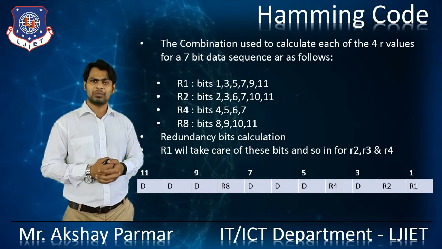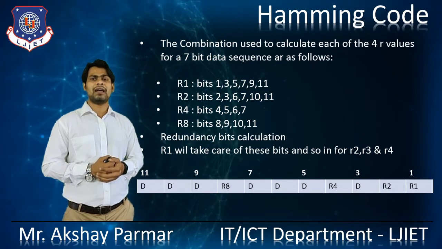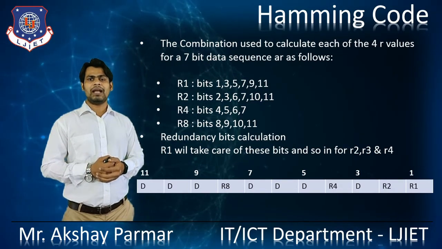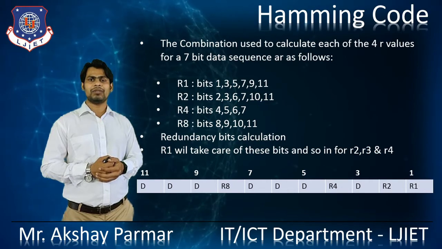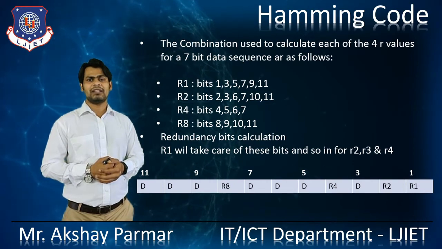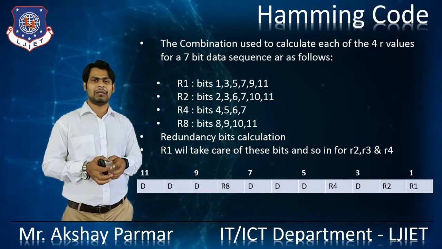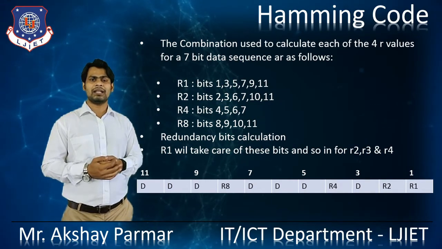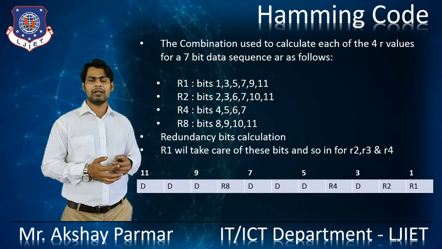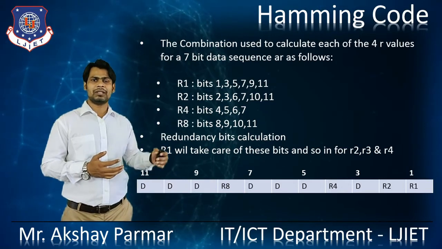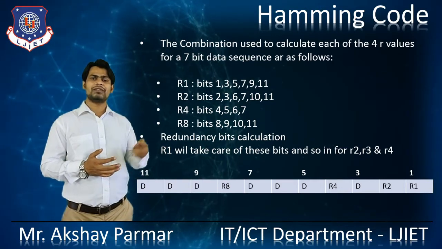After that, at the 8th position we put the redundant bit R8, and at positions 9, 10 and 11 we put data bits. That's how we arrange the redundant bits in between the data bits, and how we select R1, R2, R4 and R8 with respect to the data bits and their positions.